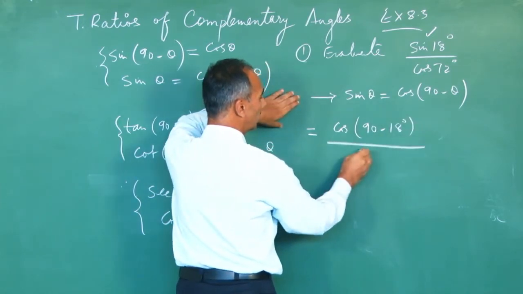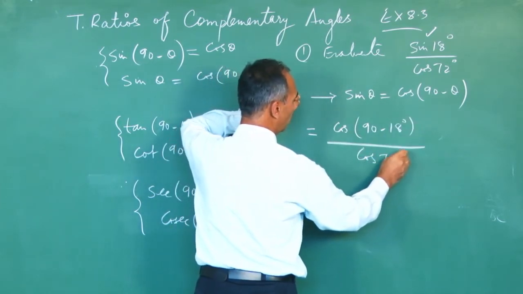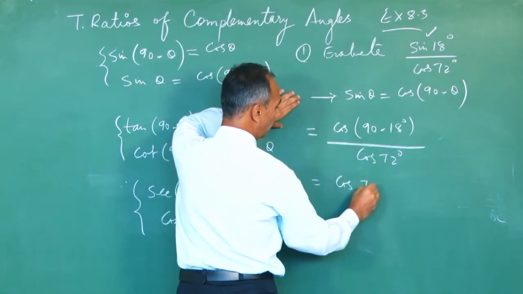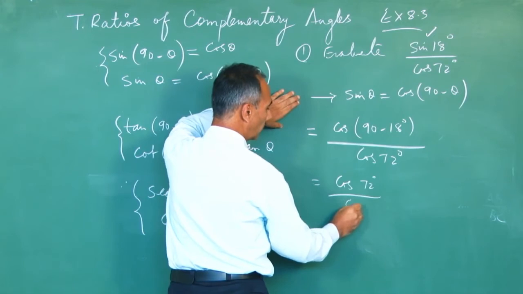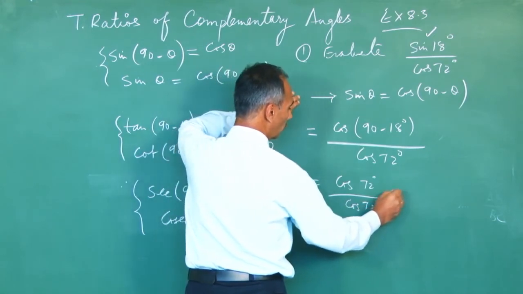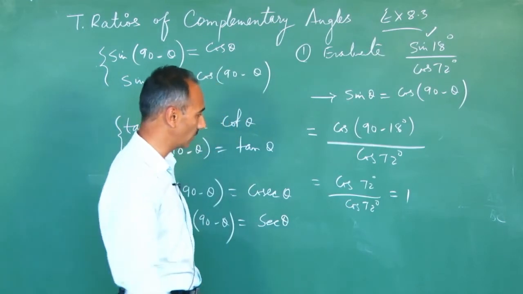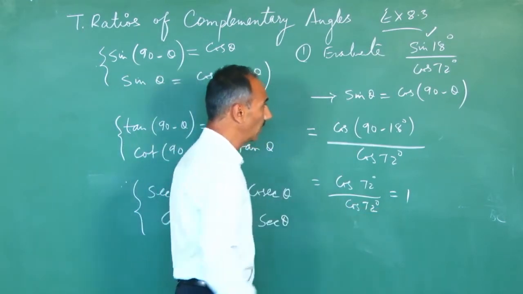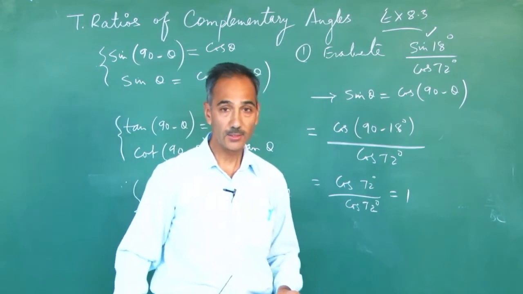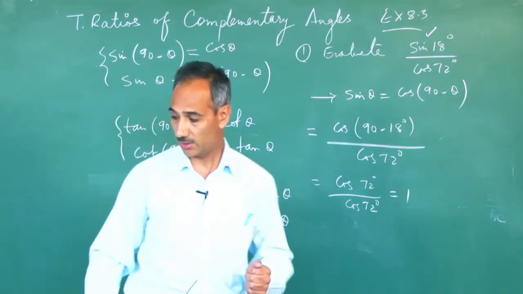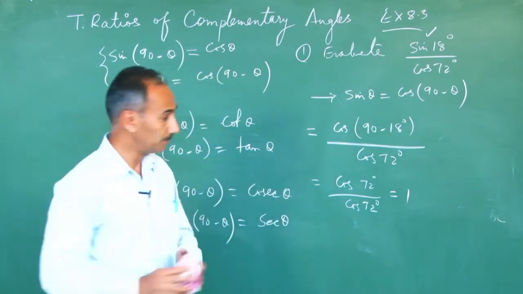And the denominator is as it is, cos of 72. Now simplify the angle, 90 minus 18 is 72, and the denominator is cos of 72, so you get 1. So the value of this trigonometric expression is 1. So two angles involved were complementary angles, and you have made use of the result based on T ratios of complementary angles.